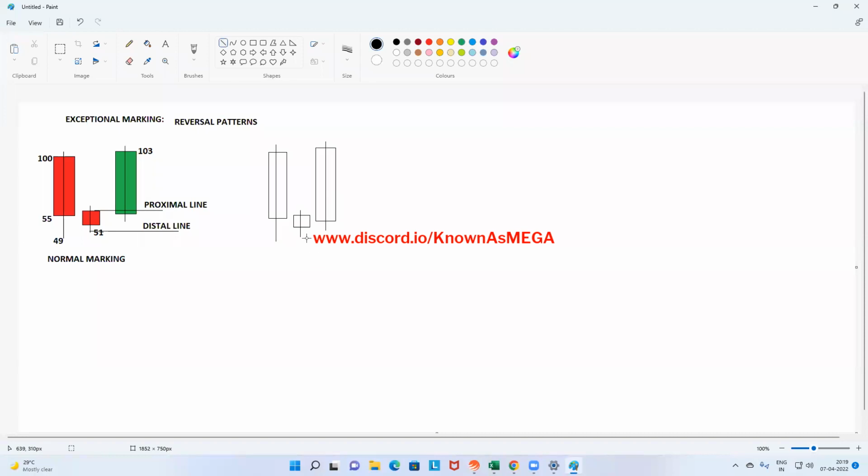So now you tell me, where do I mark the distal line? Lowest wick of... Aditya, you can tell, right? Legging. That is what I was looking for. Good job, Praveen.